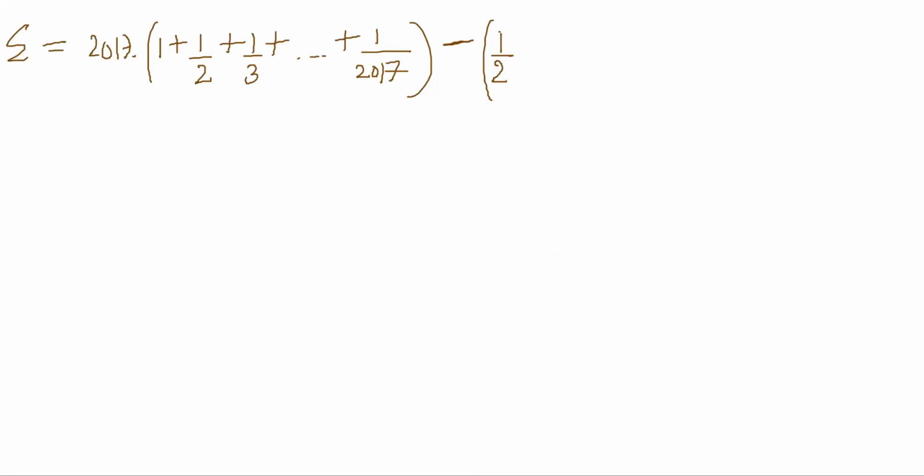Yes, sir. And the second bracket after that was 2 by 3, I think. 1 by 3. No, there was 2017 minus 2 into 1 by 3. Sir, how is the last term 1 by 2017? See, the earlier thing was what? Earlier thing, let's write again.